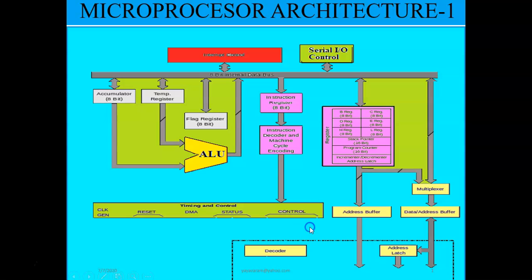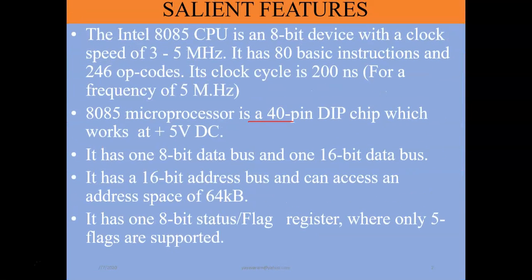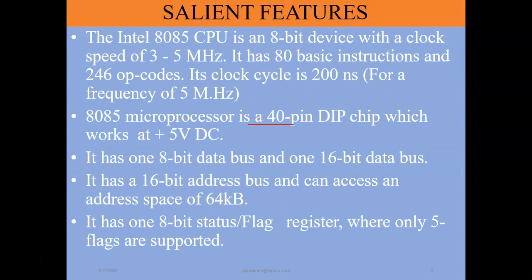To understand the basics of the microprocessor, as I told you in the earlier class, we are considering the Intel 8085 microprocessor, which is also known as the central processing unit.